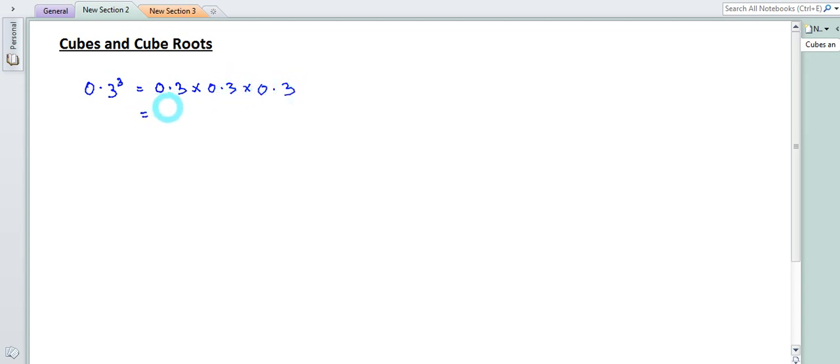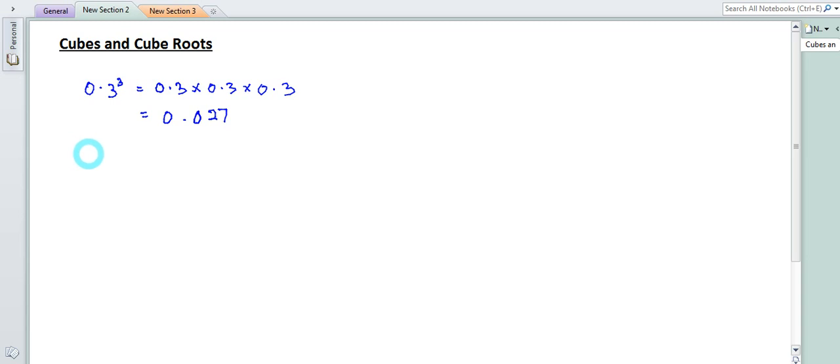In this way, if you don't want to use a calculator, you just think about 3 to the power of 3, 3 cubed, which will give you 27, right? And here you have one decimal place. When you cube it, you multiply 3 times, so it will become 3 decimal places. So we have 1, 2, okay, you need to add another 0 here. So you will get 0.027. Okay, you can check with your calculator.